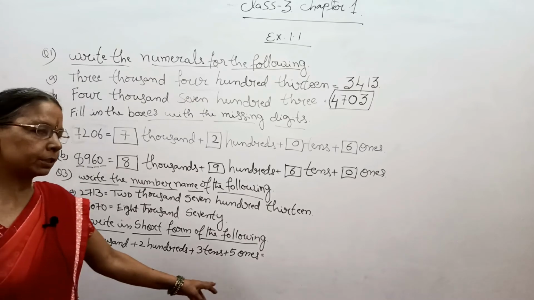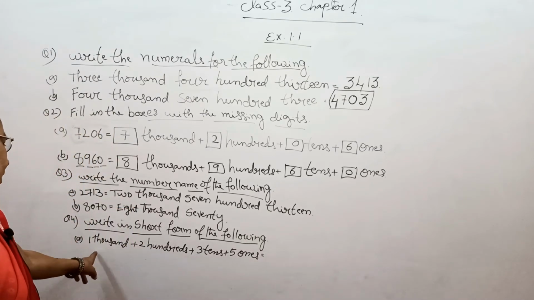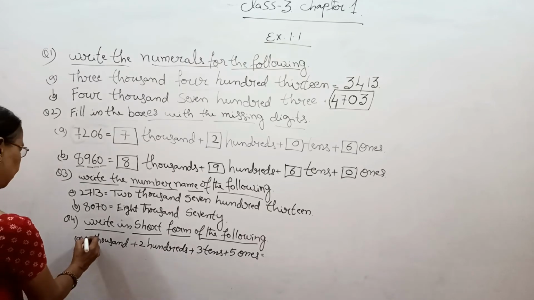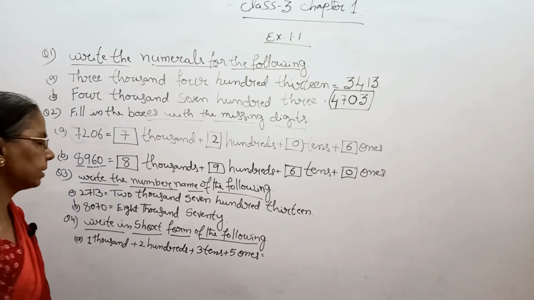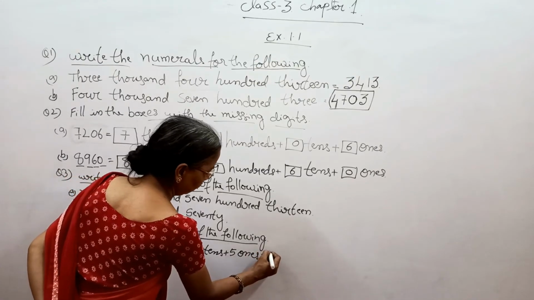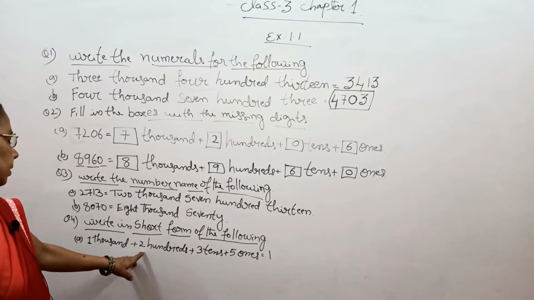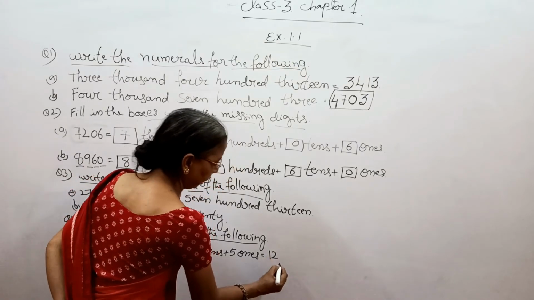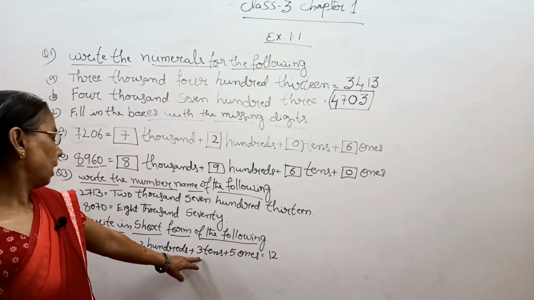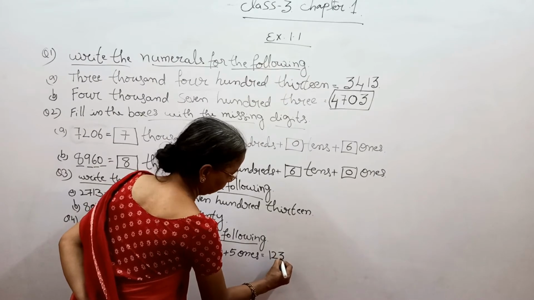हम इस नंबर को शॉर्ट फॉर्म में कैसे लिख सकते हैं? जैसे कि 1000 के प्लेस में 1 है. 1000 मीन्स पहले हमें 1 लिखना है, देन 100 के प्लेस में 2 है, तो फिर वहां से हमें 2 लिखना है. नेक्स्ट टेंस के प्लेस में 3 है, so we have to write 3.